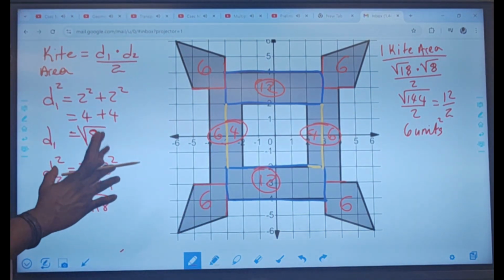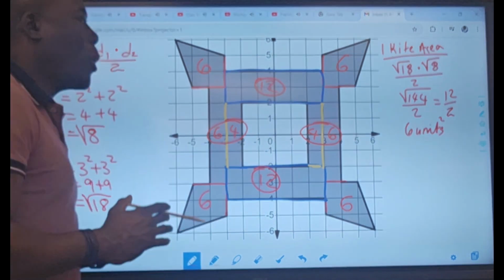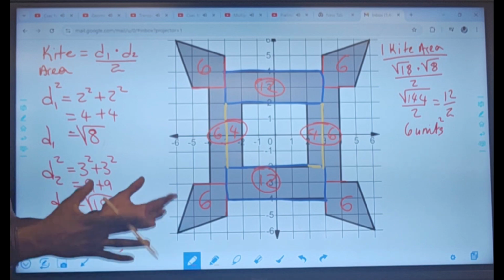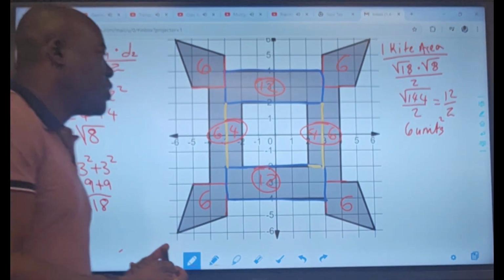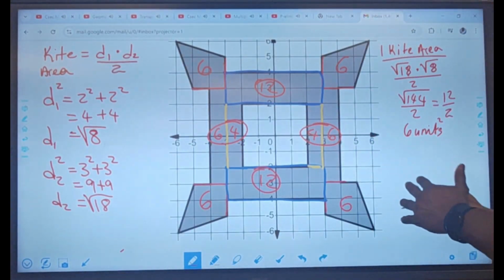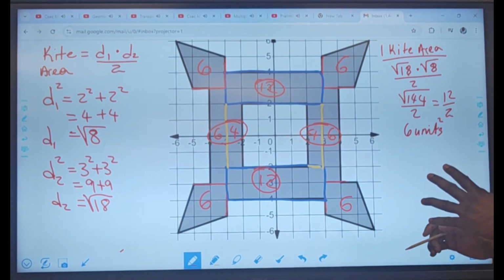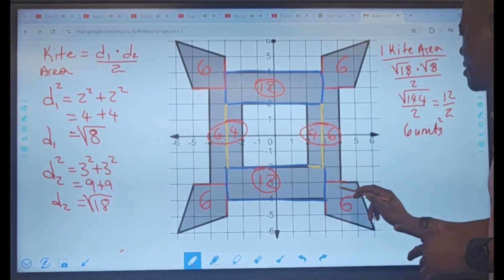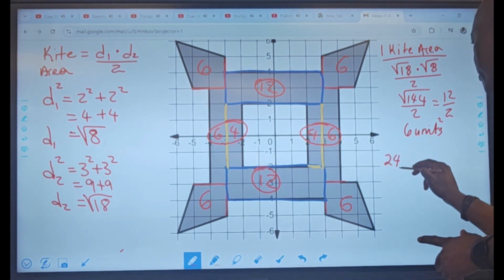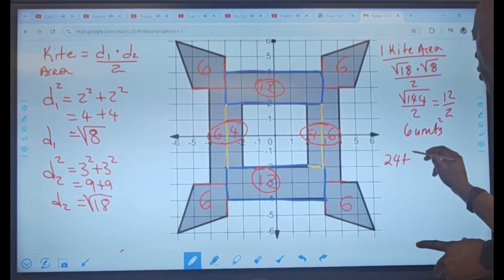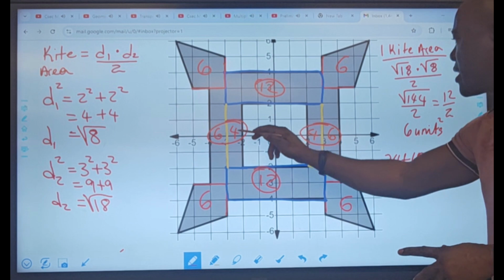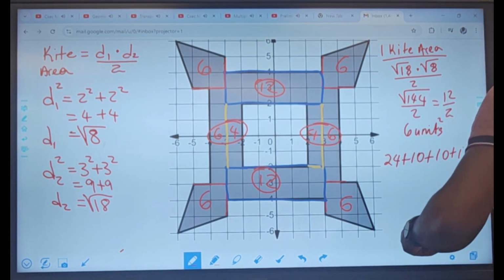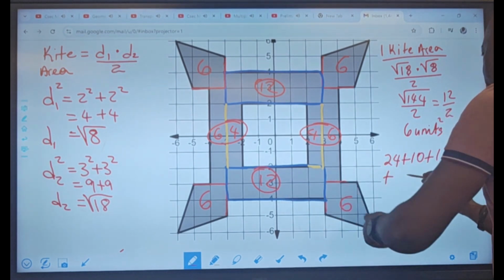Notice that we have captured all that shaded region with smaller shapes. Now we could just add everything together. What do I mean? The shaded region overall is going to equal 6 plus 6 plus 6 plus 6, that's 24, plus 6 plus 4, that's 10, plus 6 plus 4, that's 10, plus 12 here, plus another 12 here.